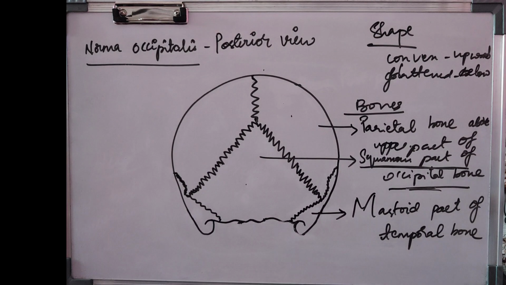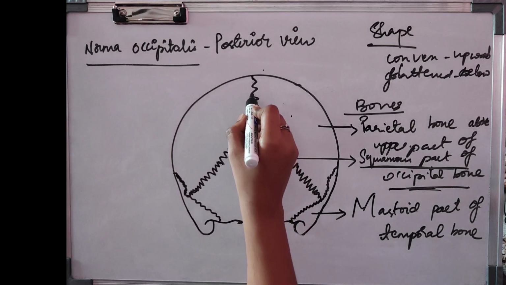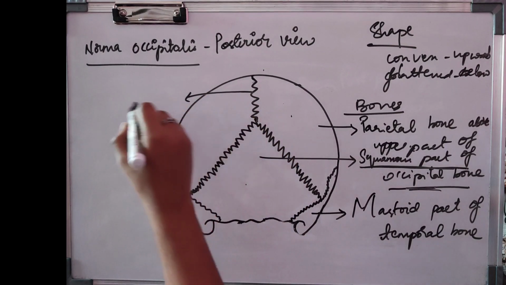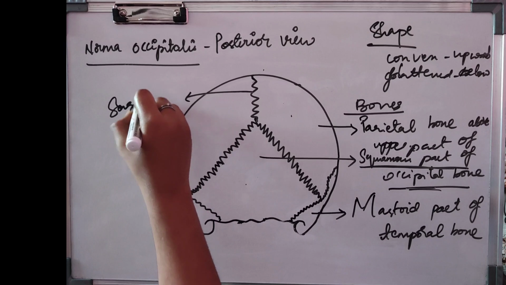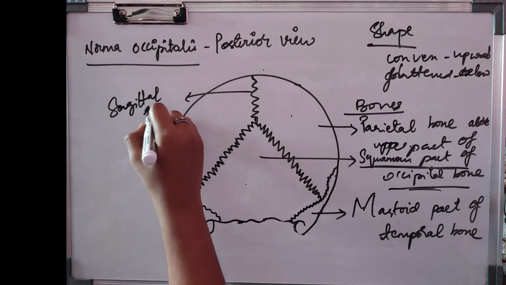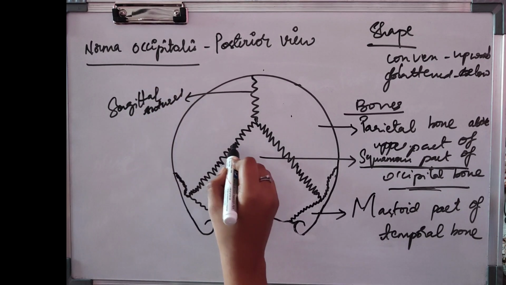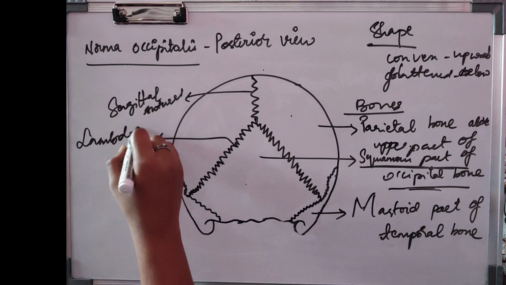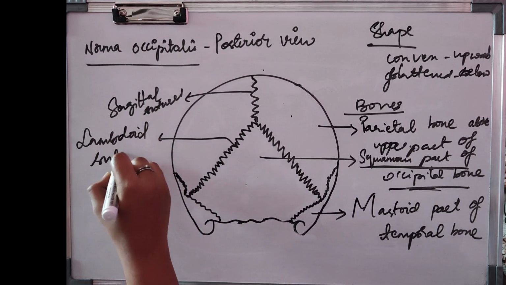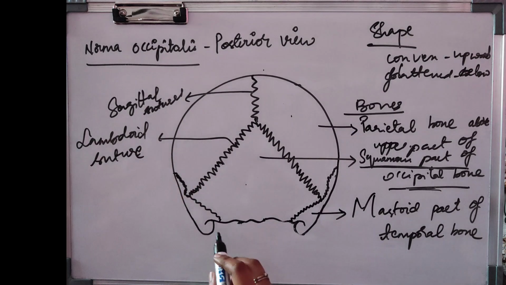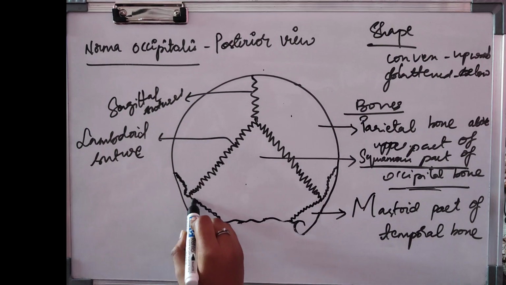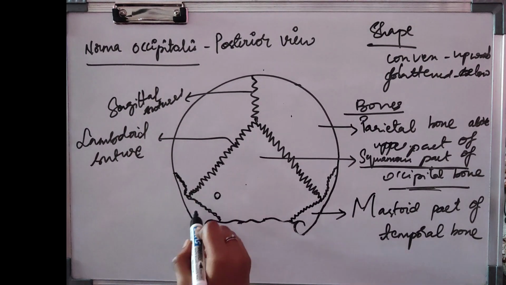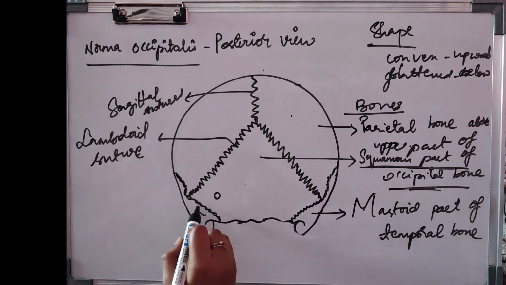Now coming to the sutures, we already learned that this is the sagittal suture between the two parietal bones, and this is the lambdoid suture between the occipital bone and parietal bone. And we can also find two more sutures. This is the suture present between the occipital bone and the mastoid part of the temporal bone.